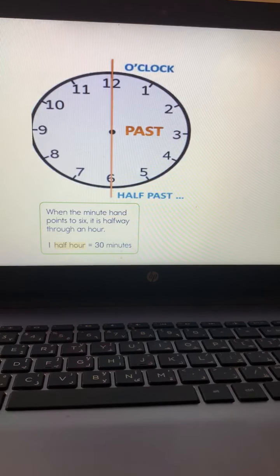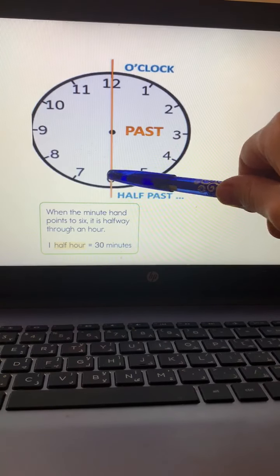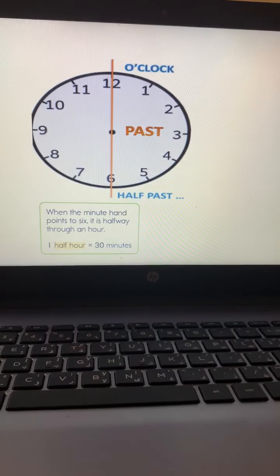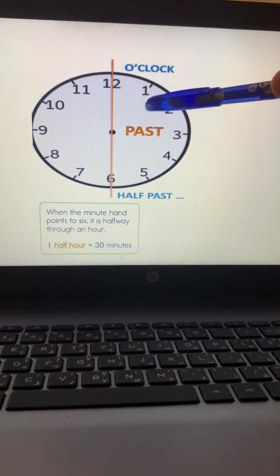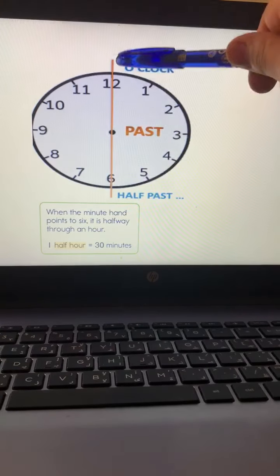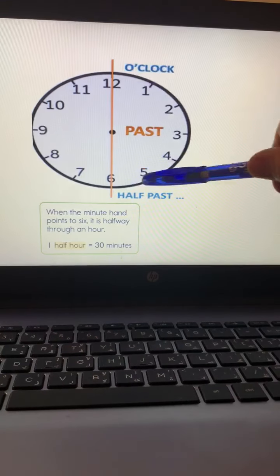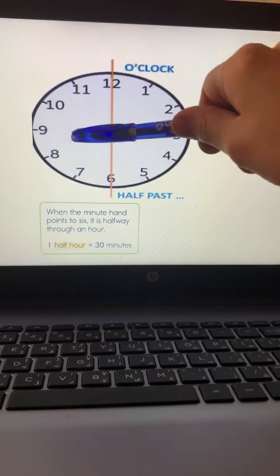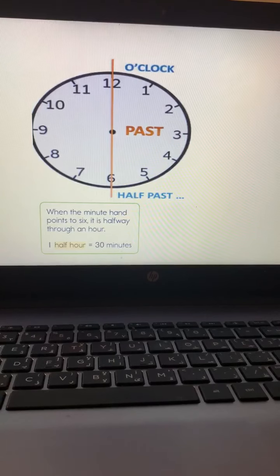Now, if the long hand points to number 12, then it passes through these numbers and stops here on number 6. Do you remember what we learned in fractions? We said if this is a full circle and you cut it from the middle like this, it's half. So this one is 1/2 and this one is 1/2. That's why if the long hand points to number 6, we will describe it as half an hour.